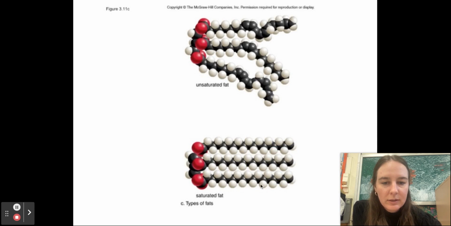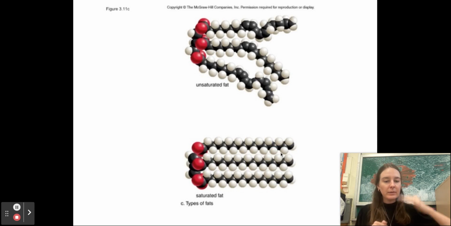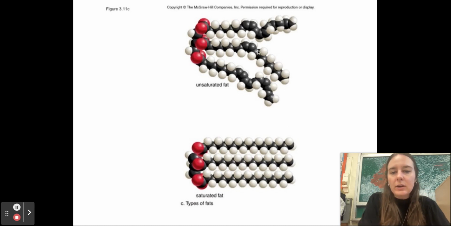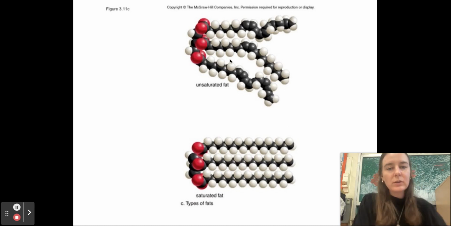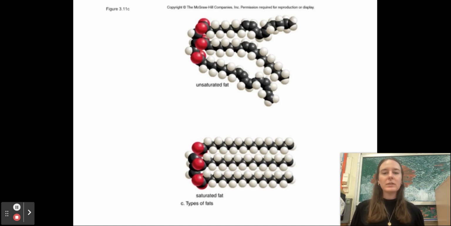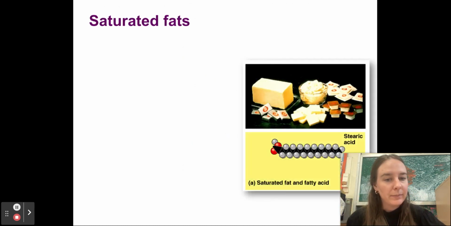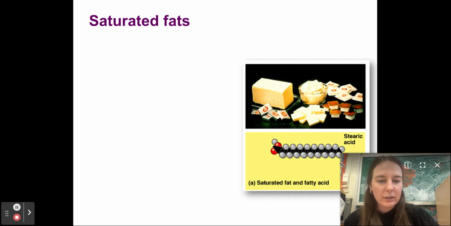Well, if you took this fat molecule and then stacked up the same exact one on top and on top and on top, it would be like a really rigid structure. Whereas on this unsaturated fat, there's a lot of space in between. So if you were to stack up a bunch of unsaturated fats on top of each other, they wouldn't be really tightly packed in. There'd be a lot of space in between. And so we'll talk in a moment what that means about its structure and its function.